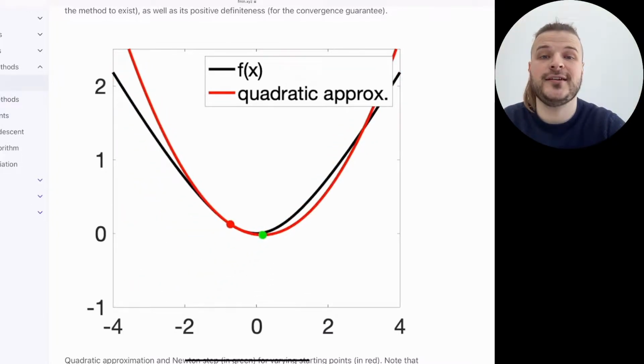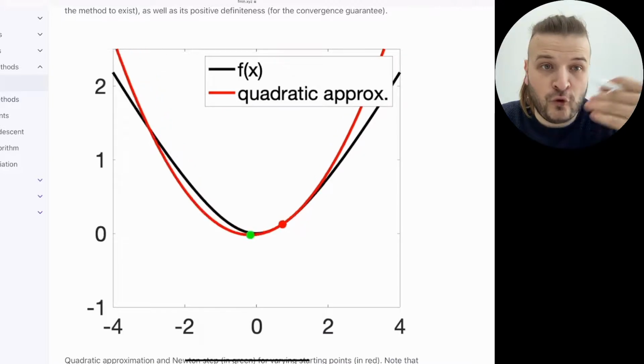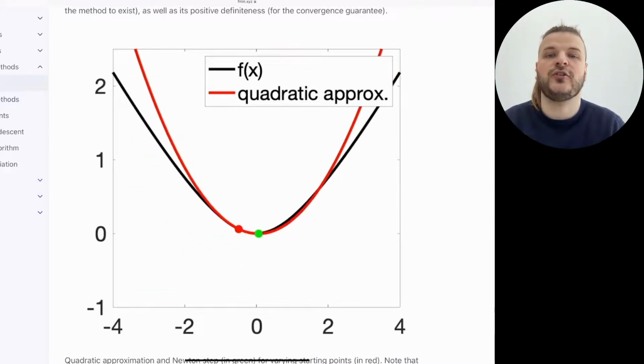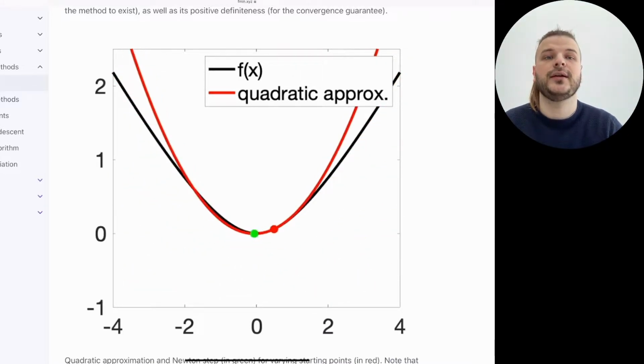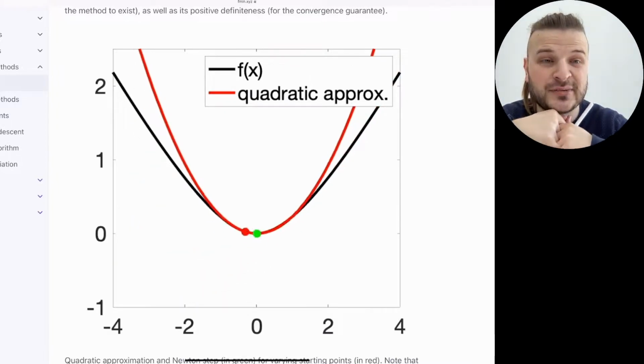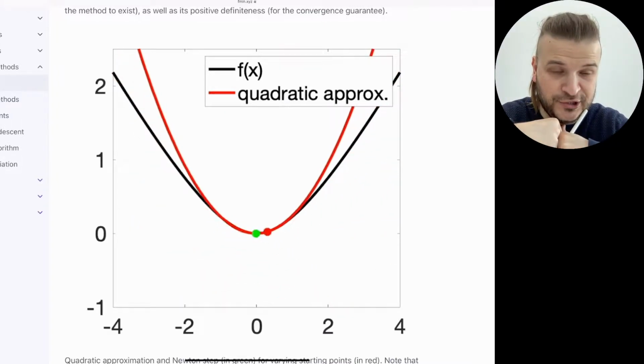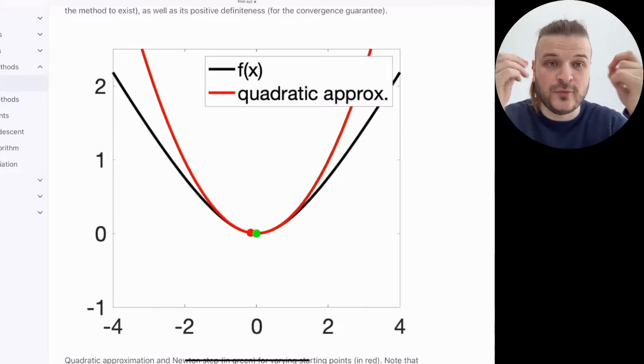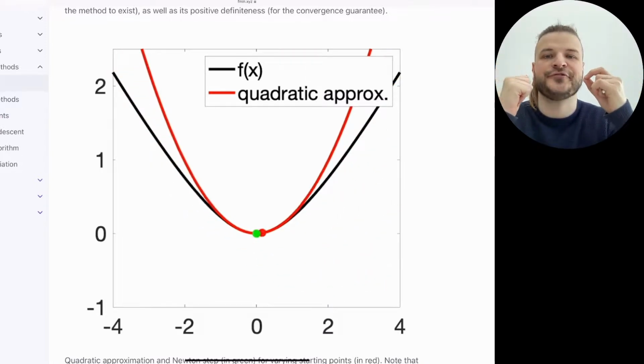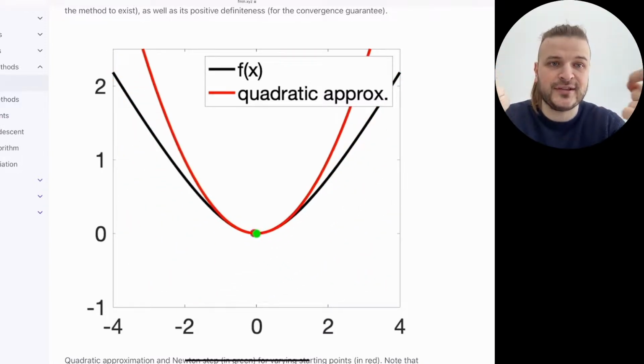You can see that for this specific function, if you are far from the local minimum, the quadratic approximation works really badly, in terms of the optimum of this quadratic approximation being really far from the real target optimum.